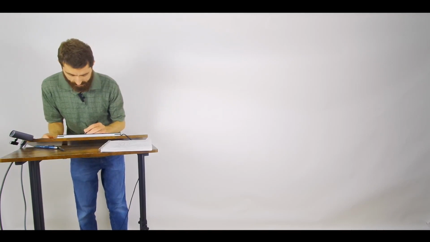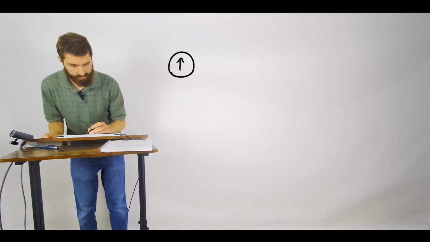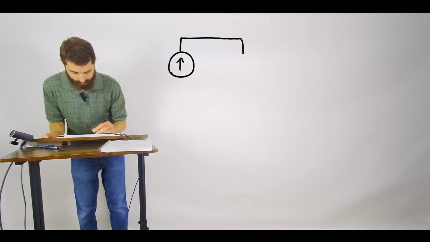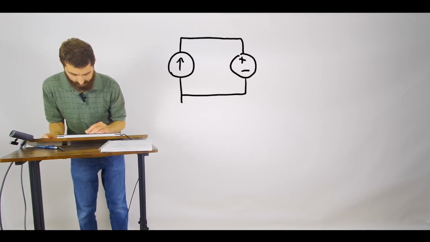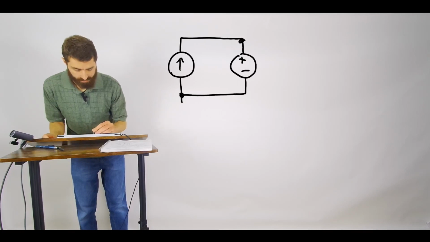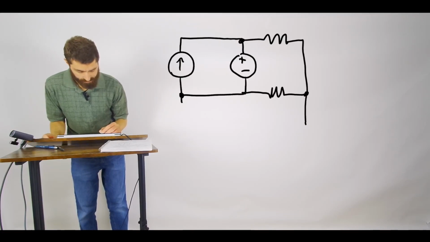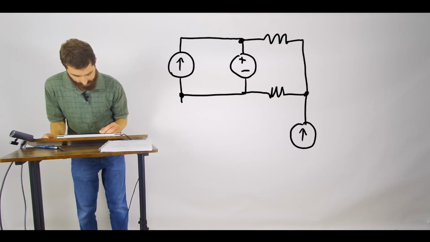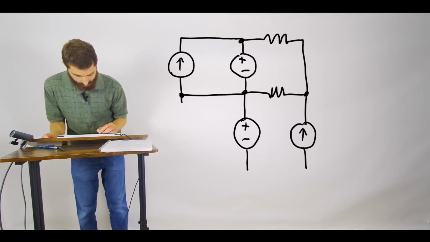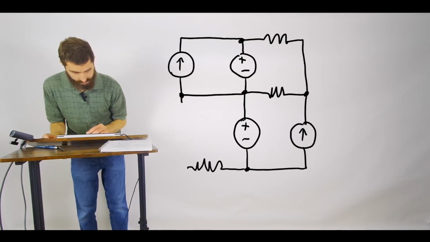Let's suppose you have a current source here, and then a voltage source, and then a resistor, and another resistor, and then a current source, and a voltage source, another resistor.